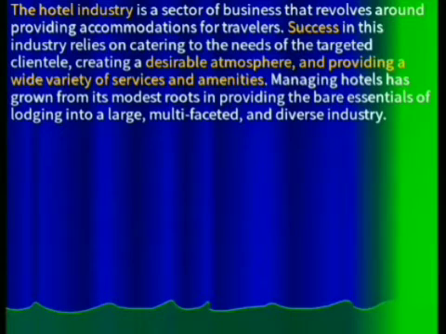The hotel industry is a sector of business that revolves around providing accommodations for travelers. Success in this industry relies on catering to the needs of targeted clientele, creating the desirable atmosphere, and providing a wide range of services and amenities. Managing a hotel has grown from its modest roots in providing the bare essentials of lodging into a large, multifaceted and diverse industry.